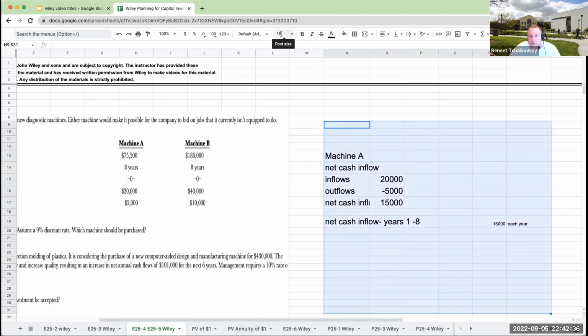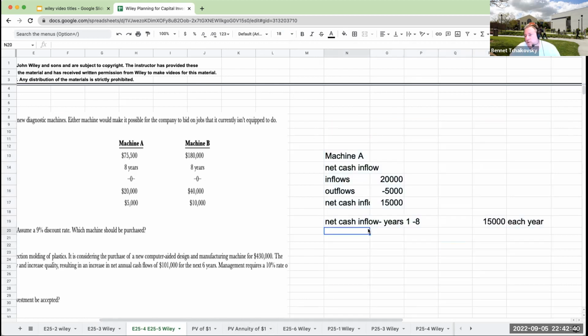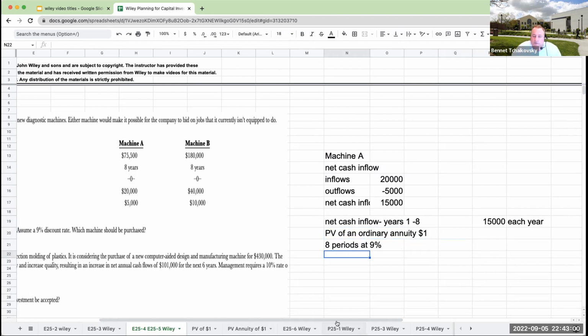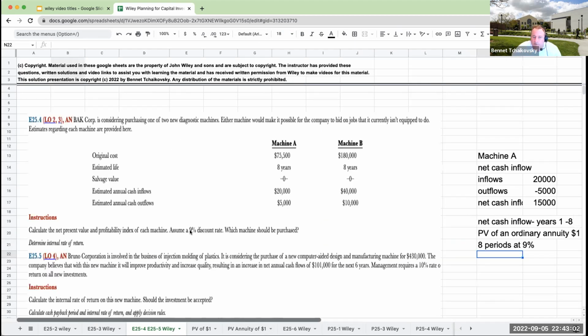Again, if you don't understand present value, please go and take a look at my shortened series on bonds. Coming over here, I'm going to go to the present value of an ordinary annuity of $1. I'm going to need two things: the number of times the payment is being made, 8 periods, at 9%, because this is telling me that's a 9% discount rate.